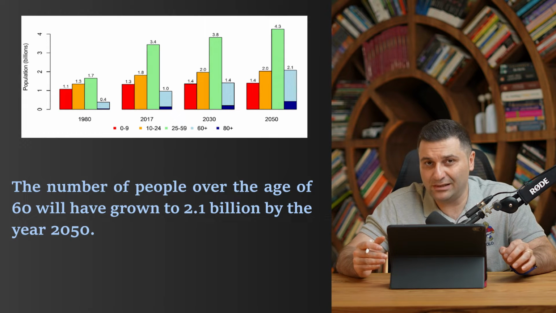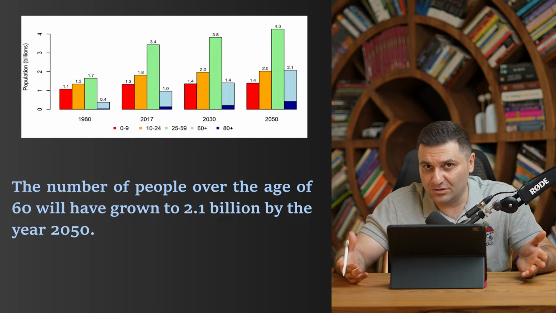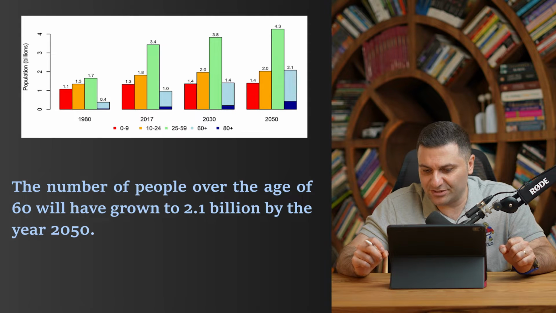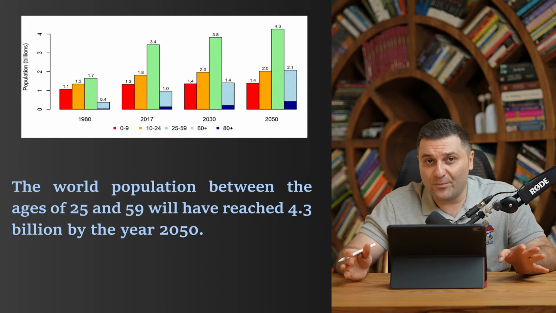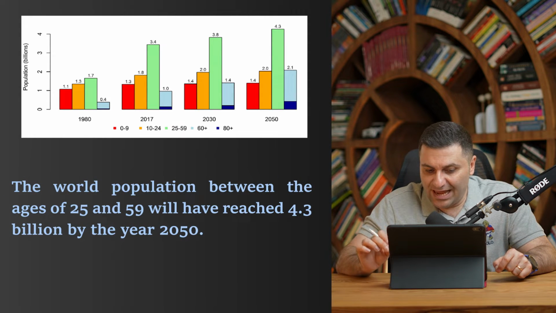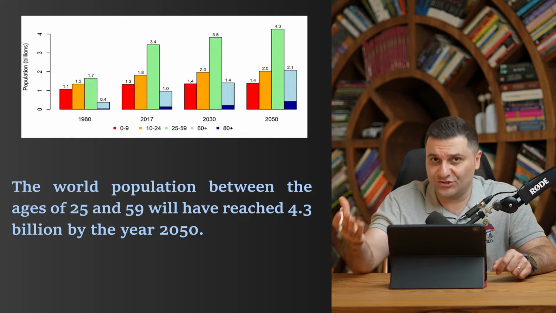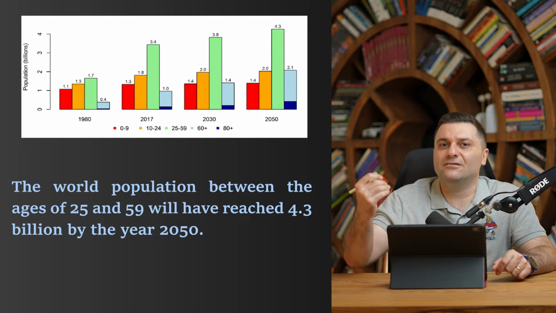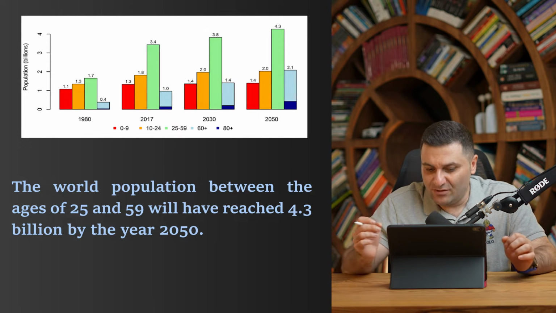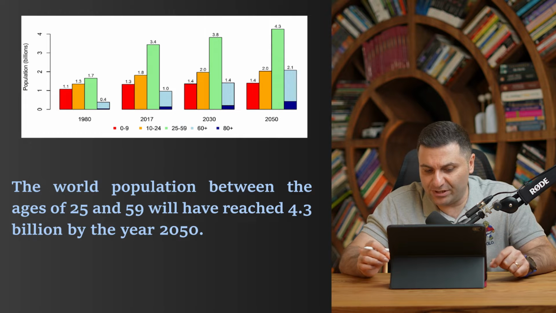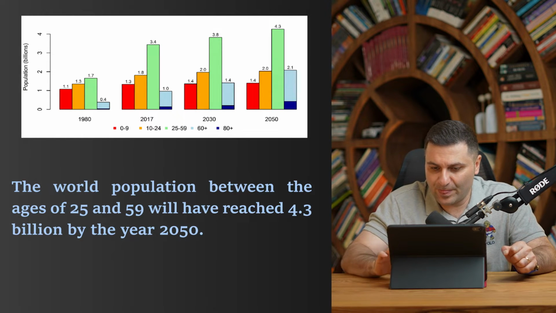All right, will have grown. Now let's make another sentence. The world population between the ages of 25 and 59 will have reached 4.3 billion by the year 2050.